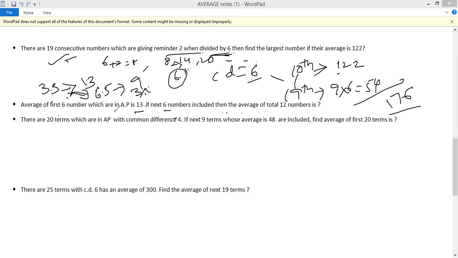Each gap is how much? Here it is not given, so take 1 as natural numbers. Like 3. So 13 plus 3 is 16.